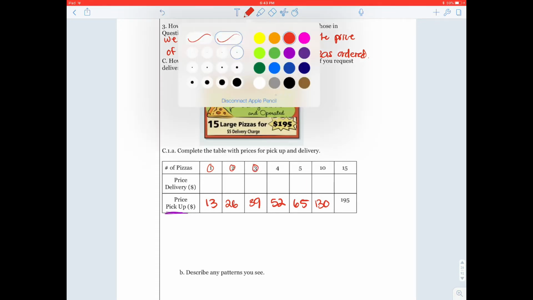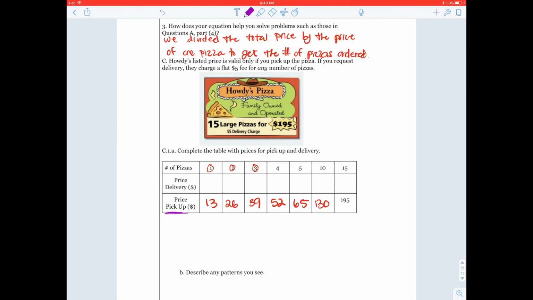Okay? All right. Now, what does it mean, a flat fee of $5 for any number of pizzas? So really, we're just going to be adding 5 to each of these values down here. Each of these pickup prices, we're just going to add $5 to them. So let's say this is 18. Let's say this is 31.